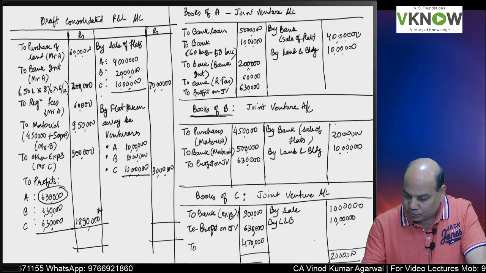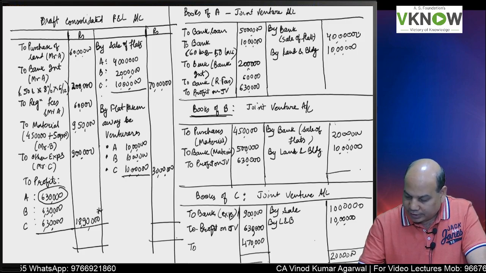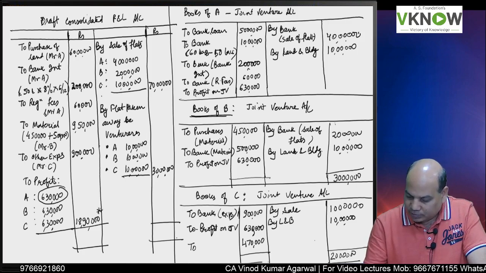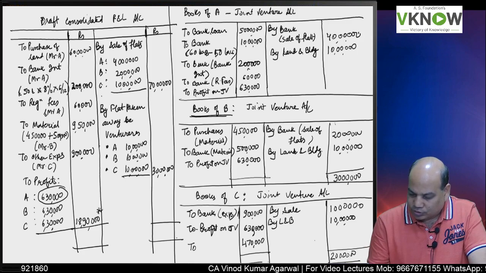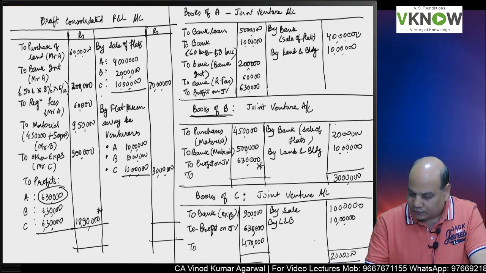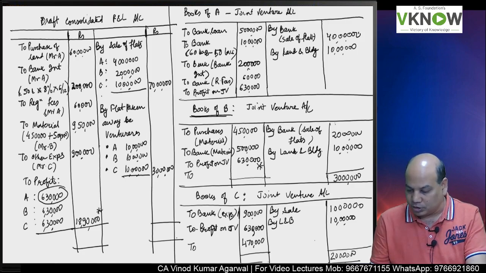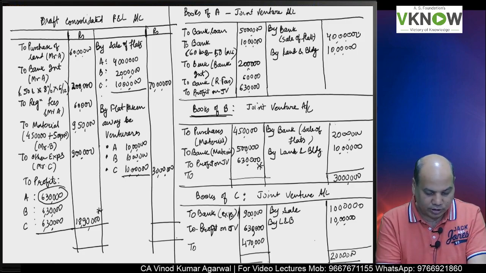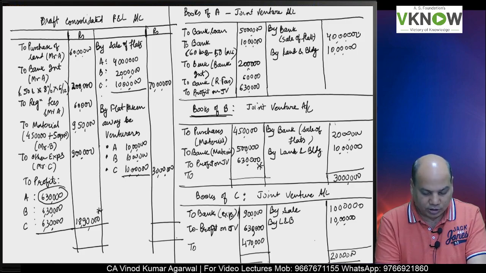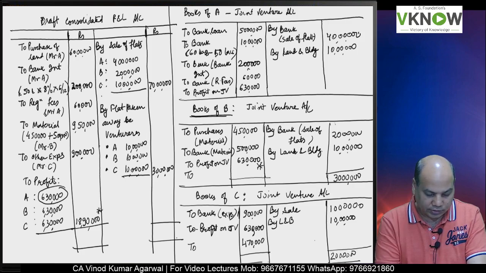So I'll first close B. B on the credit side is more, 30 lakh, and on the debit side it is less, so there must be some difference on the debit side. Let us find the difference in the books of B on debit side. So we have 30 lakh minus 4 lakh 50,000 minus 5 lakh and minus 6 lakh 30,000.